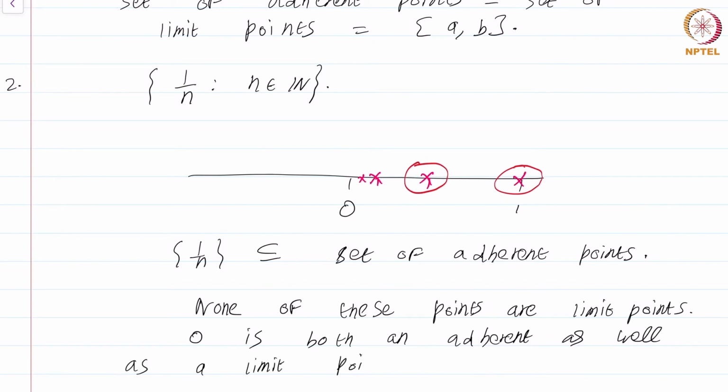So the set 1/n is sort of getting infinitesimally close to the point 0. So here the set of limit points is just one element, the element 0, whereas the set of adherent points is 1/n along with 0. So these two notions need not always coincide.